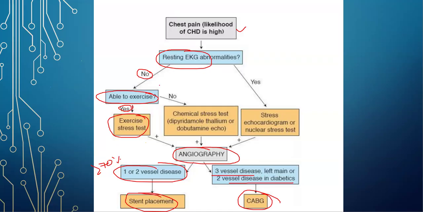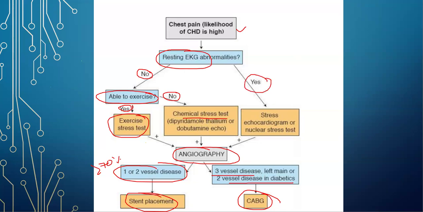Okay? What if the patient is not able to exercise? If a patient is not able to exercise, you will need to make the heart run as if it is exercising. So how do we do that? We do a chemical stress test, so either dipyridamole thallium or dobutamine echo.